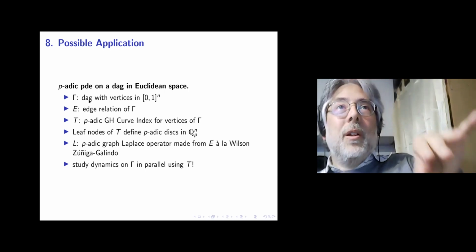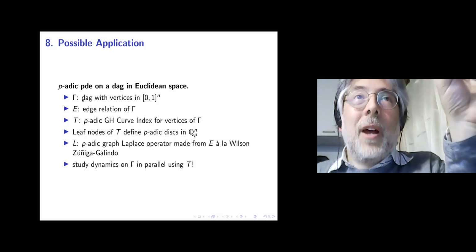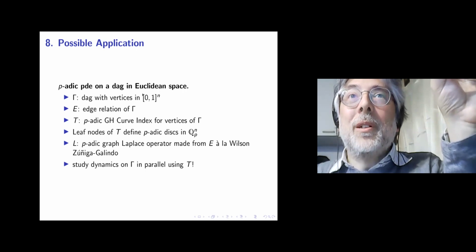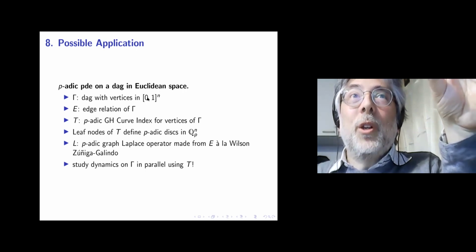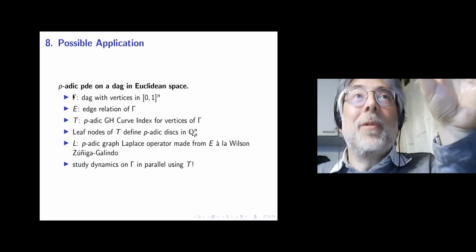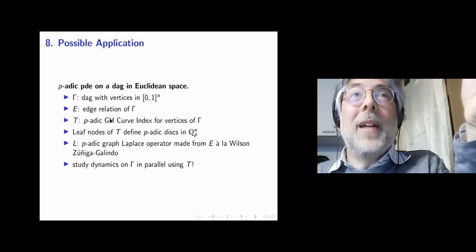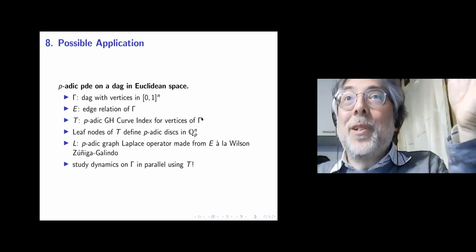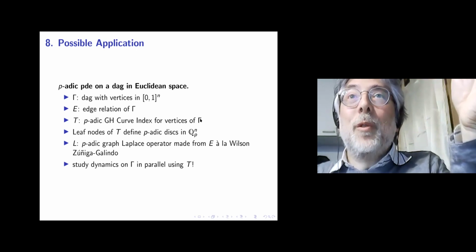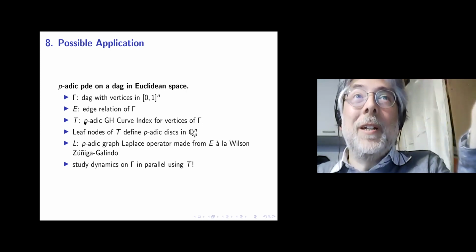So you view a gamma, a directed acyclic graph whose vertices are embedded into the unit cube, and E is just the edge relationship that you have from the graph, and T is a p-Adic Gray Hilbert curve index for those vertices.